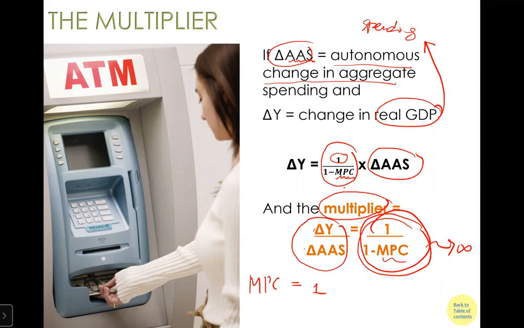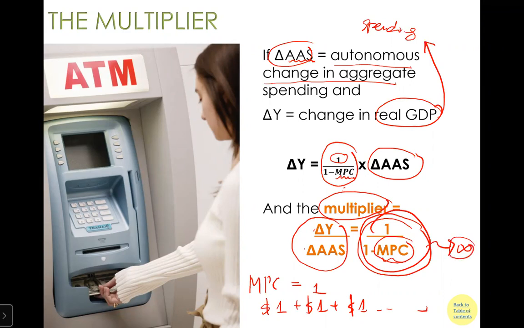And every penny I spend goes to somebody else's income, and then in the second round, whoever received this money has the same MPC and the same incentive to spend pretty much every penny he or she received. Now we can keep going, so you can see the total impact on the real GDP or the spending is going to be close to 1 plus 1 plus 1, so on and so forth, right? So this is a perpetual impact on the total spending. So that's why when MPC is close to 1, this goes to infinity.